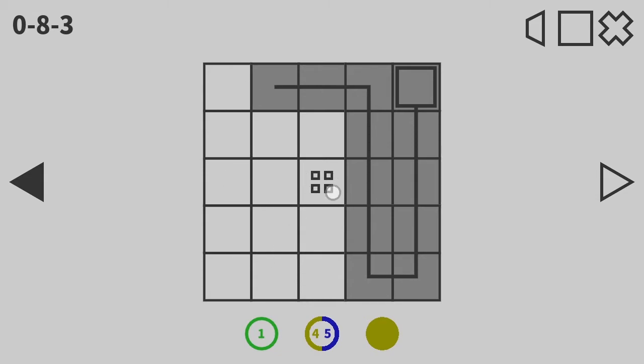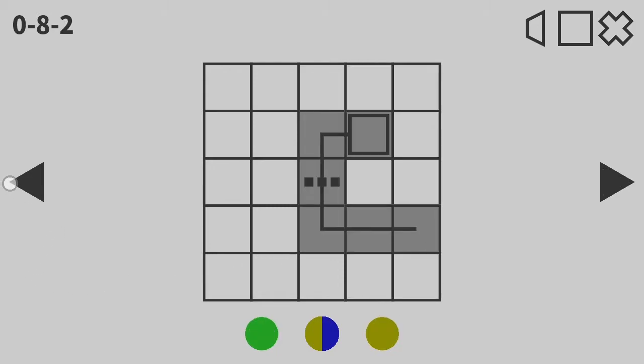3 and 5 are not 4. But still 3 and 5. The width and height have not changed of the space. The width and height have changed of this space, the shaded in one. It's now 4 and 5. It's bad. Now it's 3 and 5 and it's good.